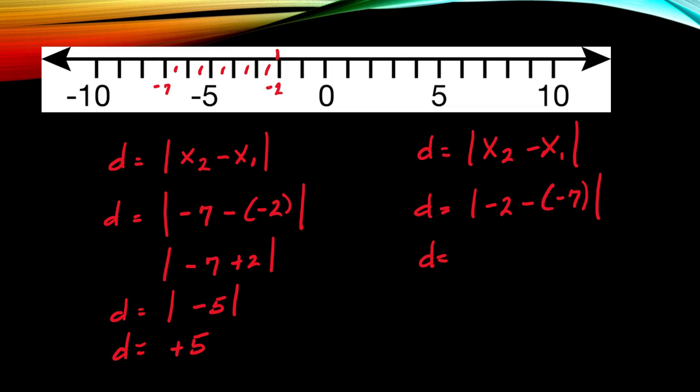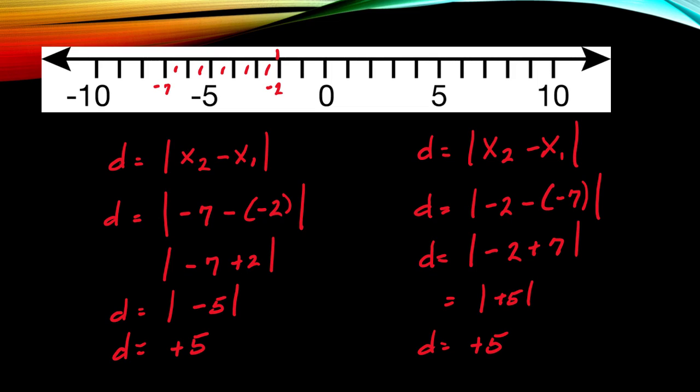Distance equals the absolute value of -2 minus (-7). And we know that a double negative equals a positive. This equals the absolute value of +5. Distance equals +5.